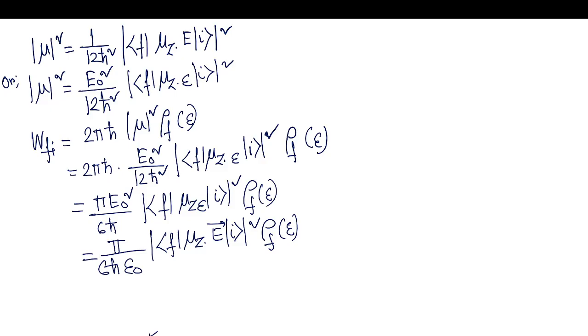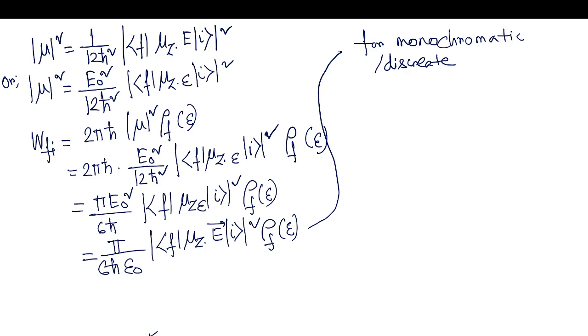Now for monochromatic and discrete transition. So here to here. So now the density of state can be written as only the radiation density.